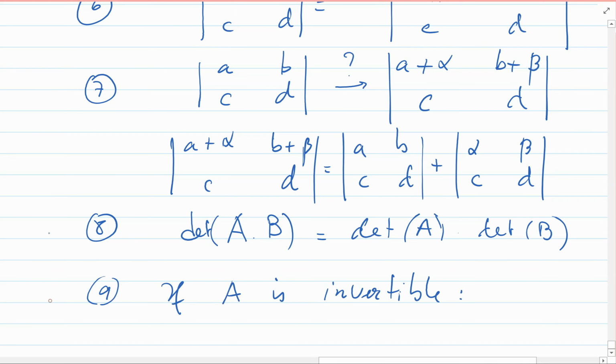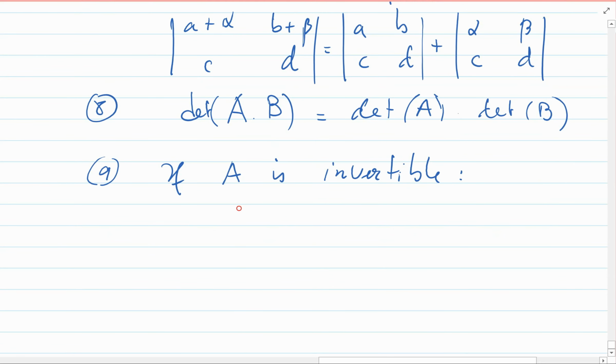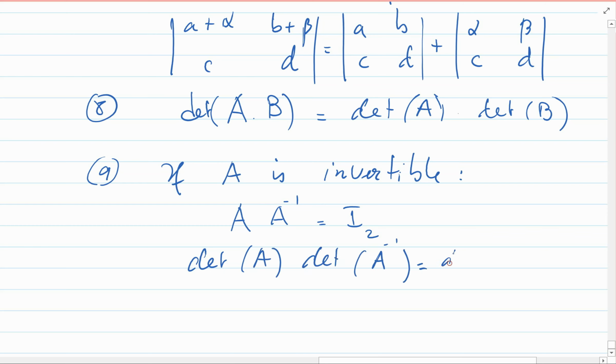So we know that in this case, we have A times A inverse equals I2, okay? And if we use the determinant, we find the determinant of A, using the formula we just said, times the determinant of A inverse equals the determinant of I2, which is 1, because it's going to be 1 minus 0.